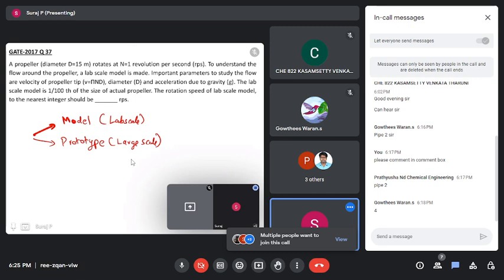Let us consider two dimensions, whose dimension is A in this direction and B in this direction.